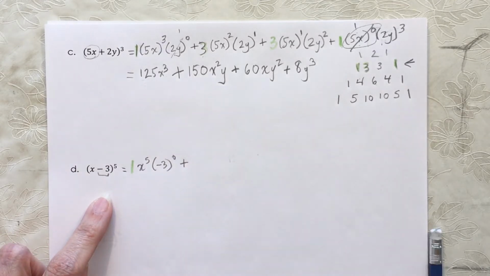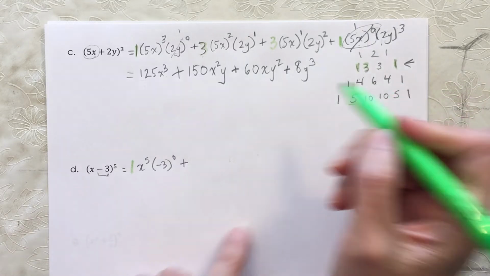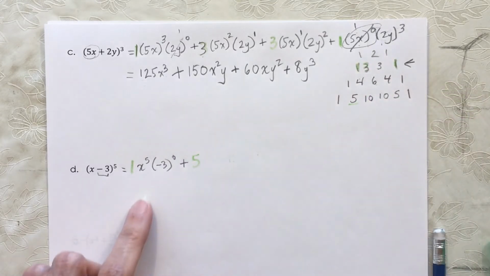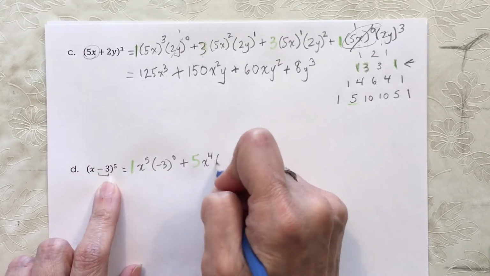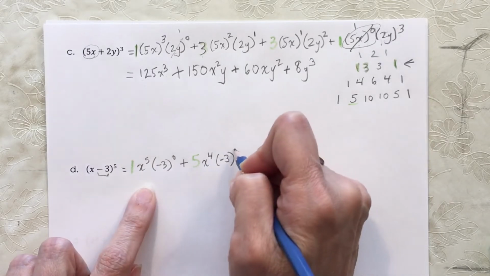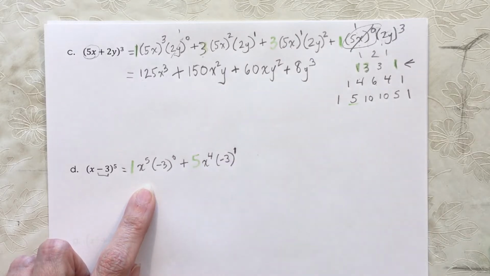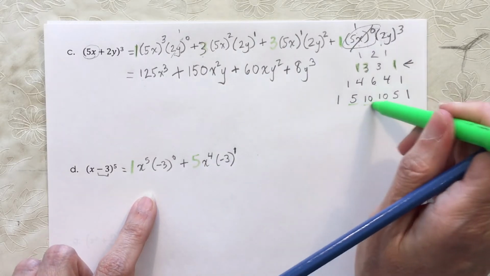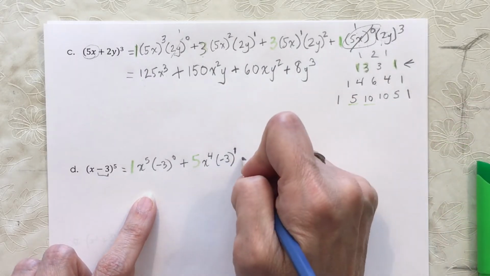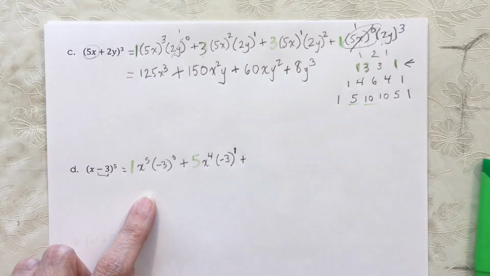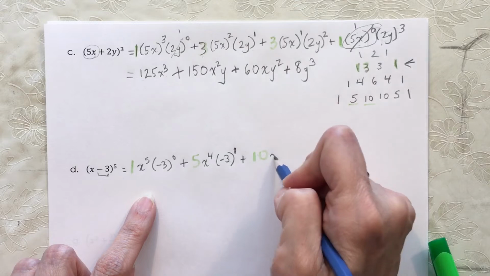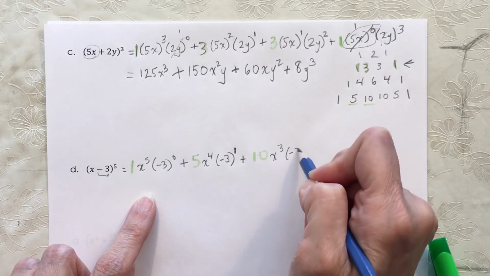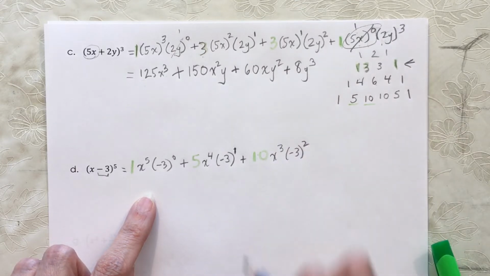plus the next number in Pascal's triangle is a 5, x to the 4th, (-3) to the 1. Next number in Pascal's triangle is a 10, so plus 10 x to the 3rd, (-3) squared.